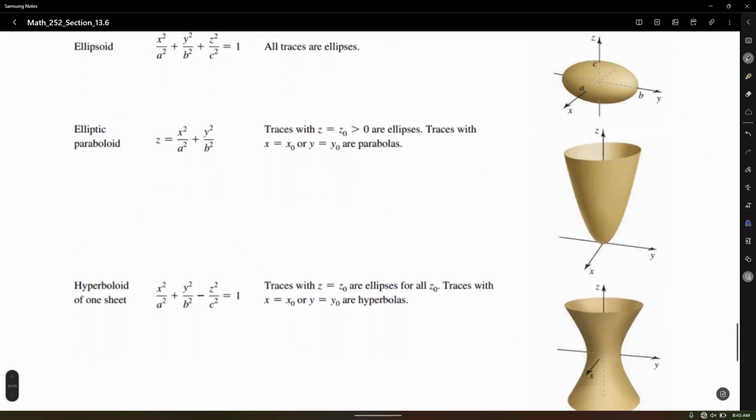Okay, let's talk about the elliptic paraboloid. And you might argue, are all paraboloids elliptic? Aren't there circular paraboloids? Well, yes, but because a circle is a special case of an ellipse, to generalize the idea, we call it an elliptic paraboloid. So how can we recognize this paraboloid? Let me get rid of this term for a second. z equals x squared divided by some number.